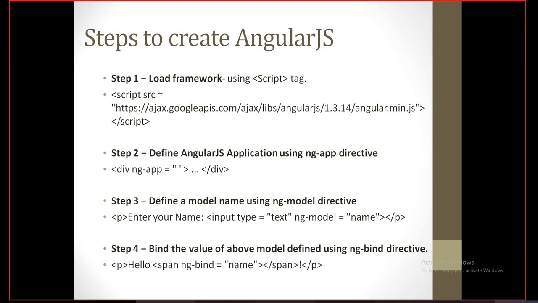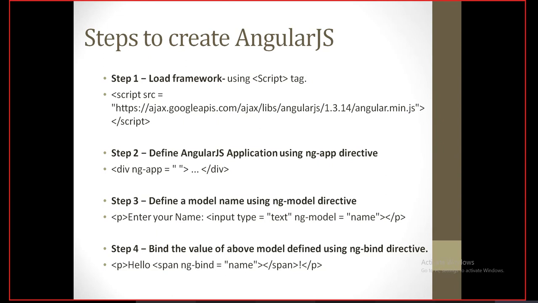Now, understand one thing: your HTML document will have many tags, and your AngularJS application may be related to any of the tags. It may be related to a particular division, to the entire body of the HTML document, or to a particular paragraph.